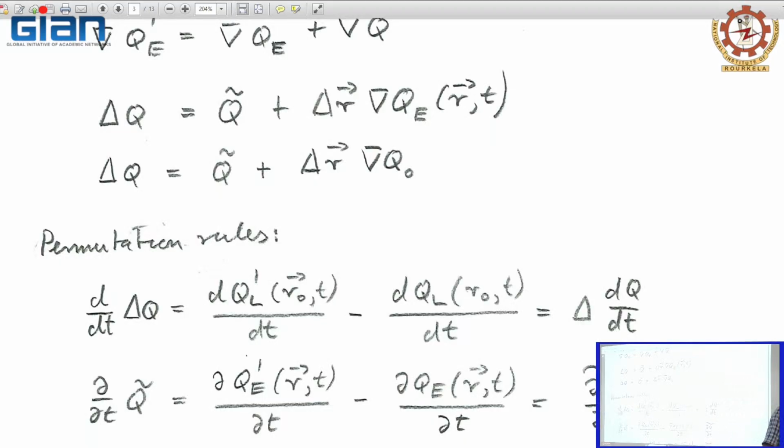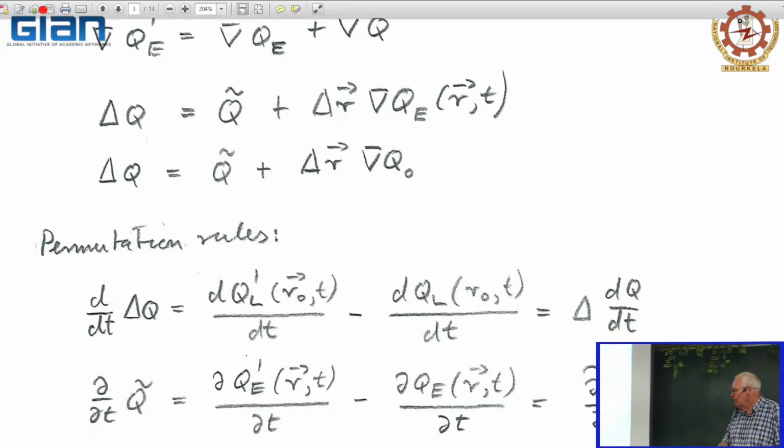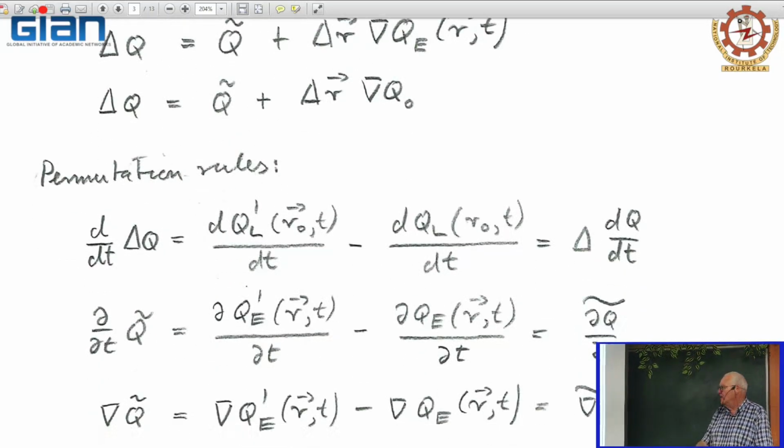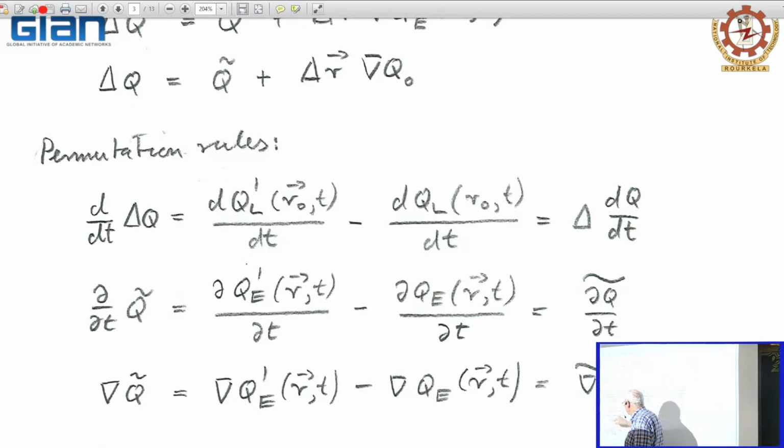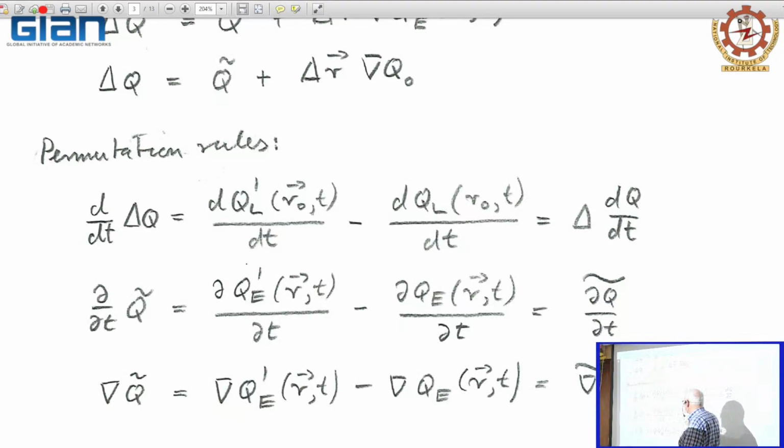And similarly, we have for the Eulerian perturbation and the Eulerian time derivative, d by dt of q tilde is simply qe dash minus qe and the partial derivative. And this, on the other hand, is the definition of the Eulerian perturbation of dq by dt. So we can commute these operations, perturbation and time derivative.